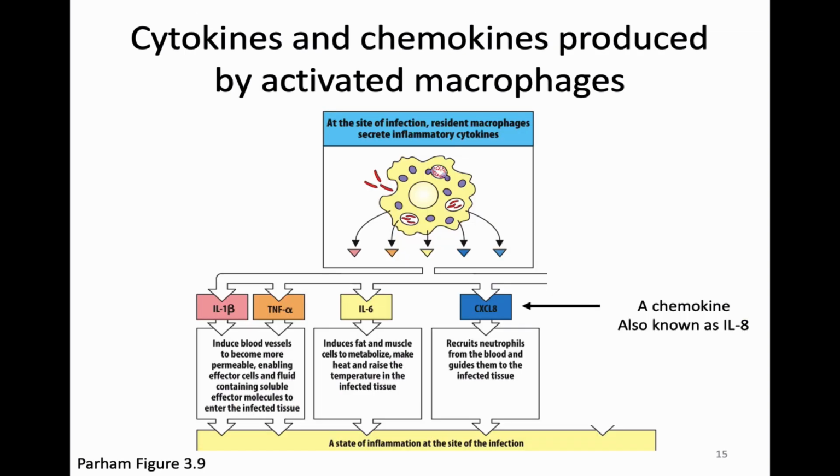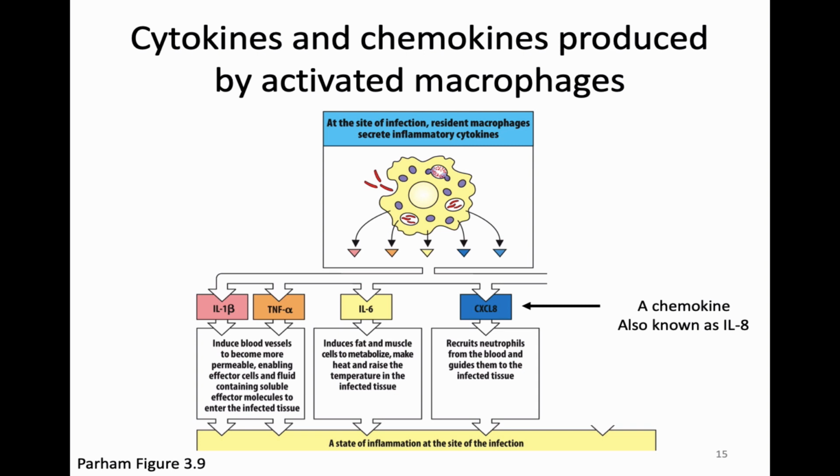We can see 3 really famous inflammatory cytokines that are made during this process. One is called IL-1 beta, one is called TNF-alpha, and one is called IL-6. And all 3 of those are going to have some actions that you see on the next slide.